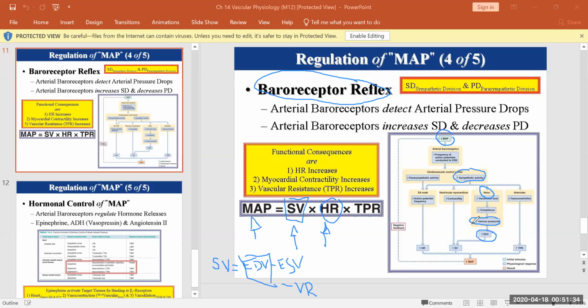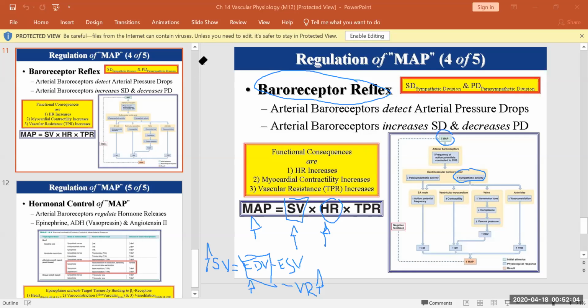So if that venous return is increased, EDV is increased. If EDV is increased, SV will be increased, as you can see here. If SV increases, you go back here, MAP increases. Right? So that's the contribution from the sympathetic division on veins. Okay, I'm going to take that out.